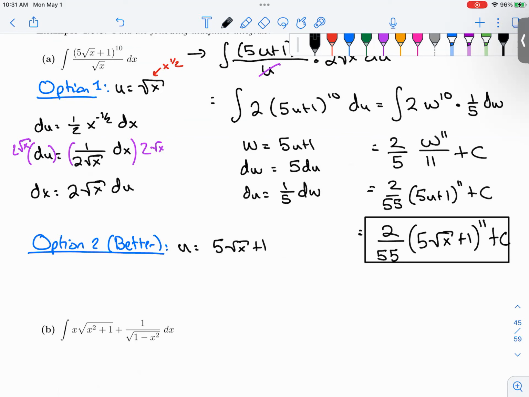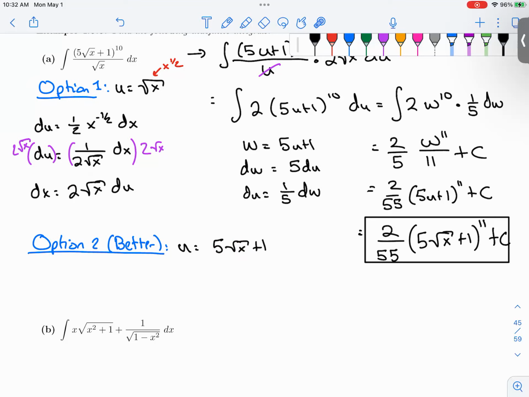In option one, this was the first substitution, then this was the second substitution. But anytime you do two substitutions, you can simplify it down to one if you want to. It is not wrong to do multiple u substitutions in the same problem.